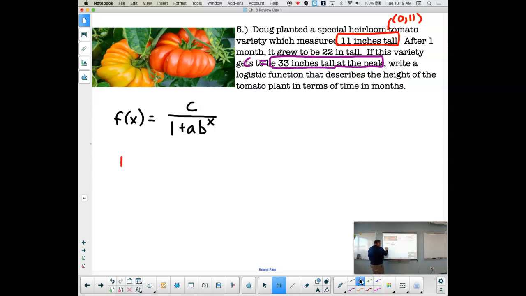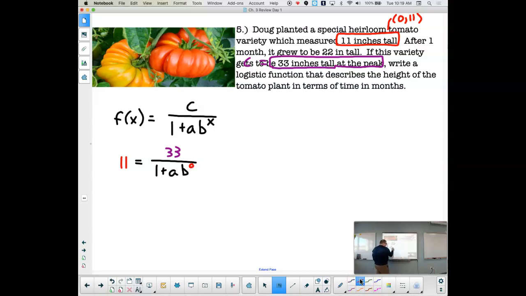So if I have 11 is my y value, my f of x value, equals, well, c is 33 over 1 plus a b to the x power.